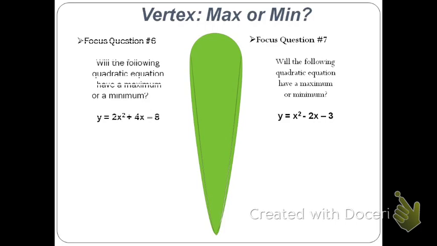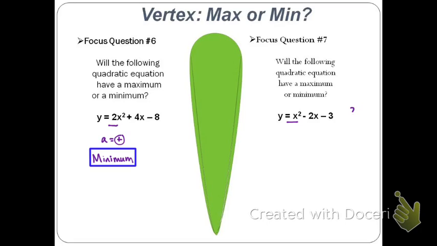So let's take a look at these next two, number 6 and number 7. Starting with number 6, would this be a max or min? Looking at the front, that appears to be positive. So that means we're going to have a minimum. But looking at number 7, some people might be like, wait, what's that?